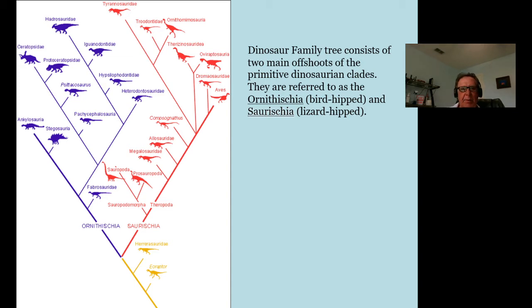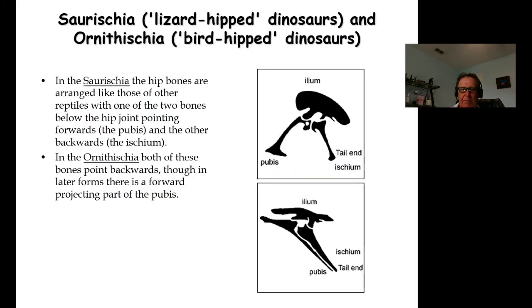It's important to note that this classification scheme, to be honest with you, has changed. It's gotten a lot more detailed. But these basic identifying characteristics, the types of hips in these two clades, are pretty diagnostic. And when you look at them in a museum, it's pretty straightforward to identify.